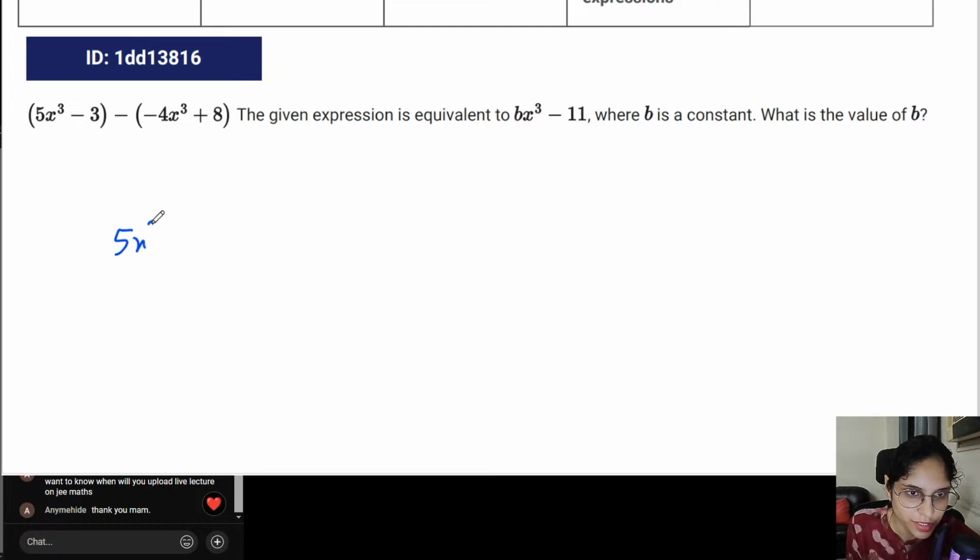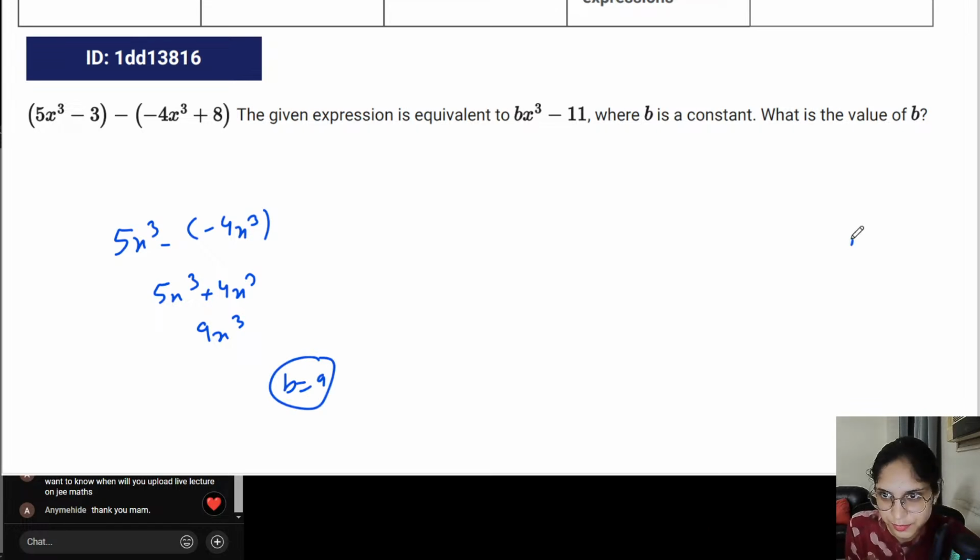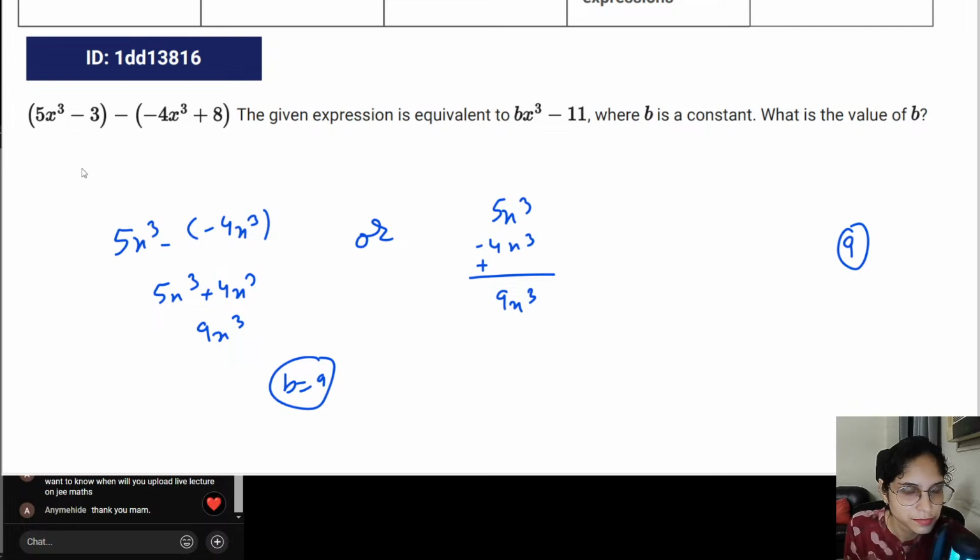So it's going to be 5x cube minus negative 4x cube. 5x cube plus 4x cube, answer is 9x cube. So the value of b is 9. 9 is your answer. If you want, you can use the vertical method also, because of subtracting, change the sign. That's it.